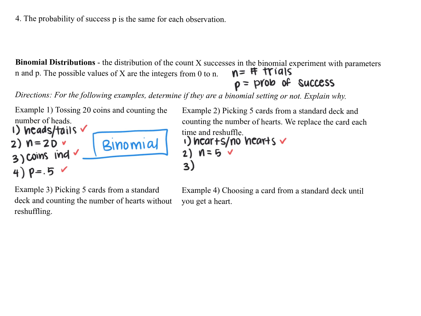For our third, now here's where we have to get kind of specific. Because it states that we are replacing the card each time and reshuffling, we can say the cards are independent.